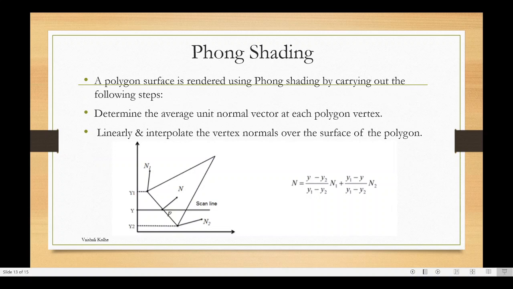So what are the different steps of this algorithm? Very first, for every surface, it determines the average unit normal vector at each polygon vertex. Very similar to the previous algorithm, it finds the normal vector at each vertex.